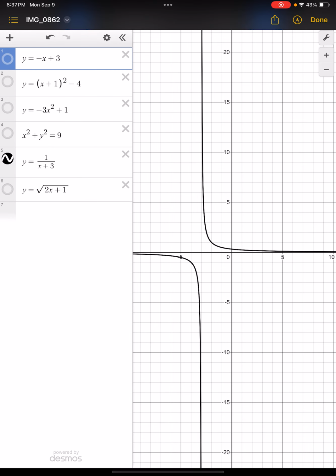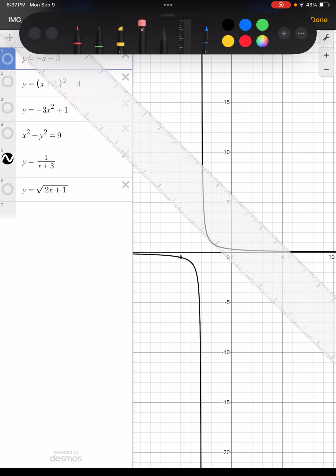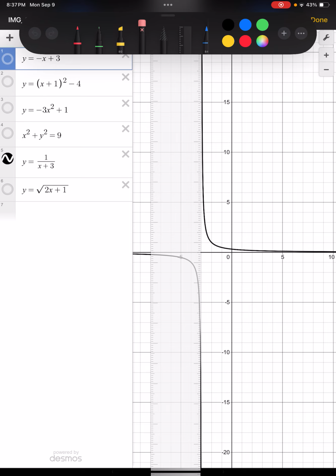Let's talk about this. Okay, so let's throw this in. And if we draw, it should never approach a value.